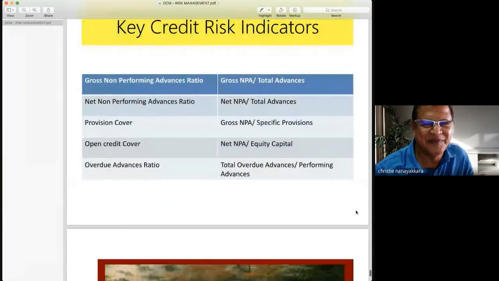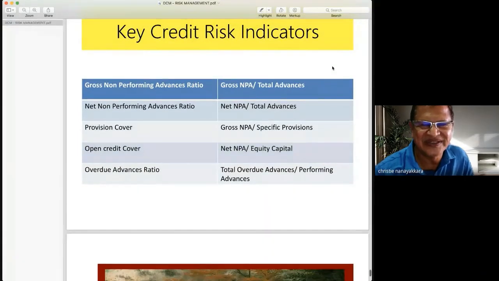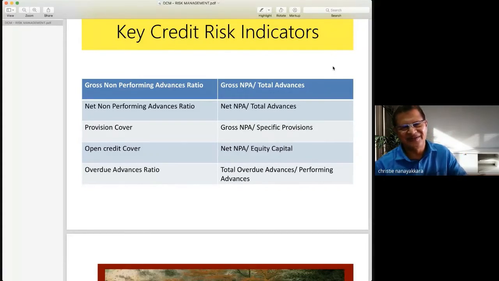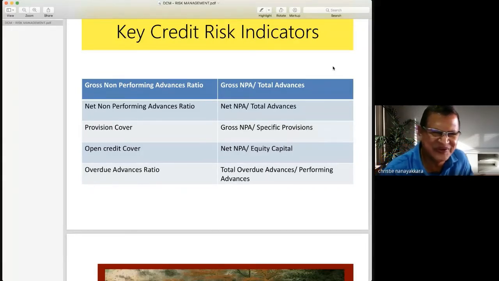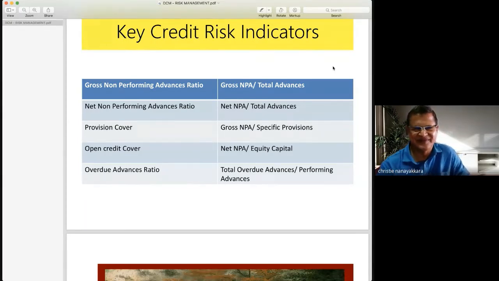This is a very important area, because to assess the credit quality of your bank, they use certain indicators. We call them key credit risk indicators. And the main credit indicator is the gross non-performing advances ratio.